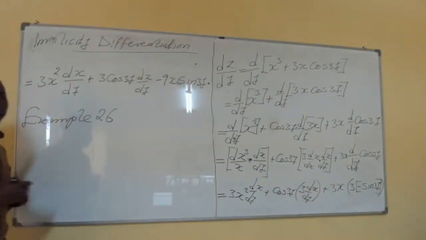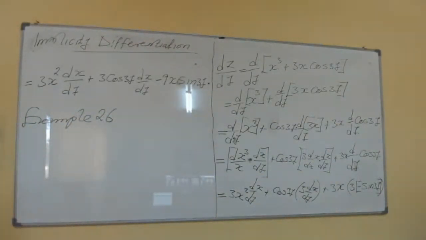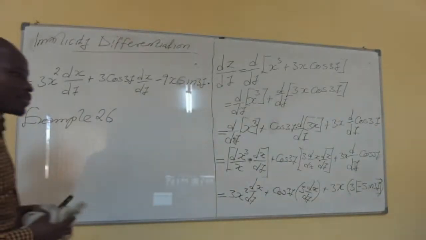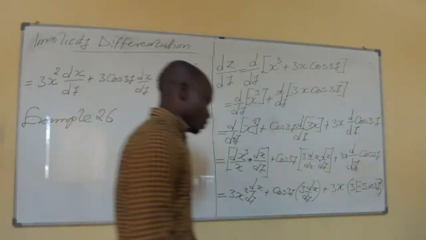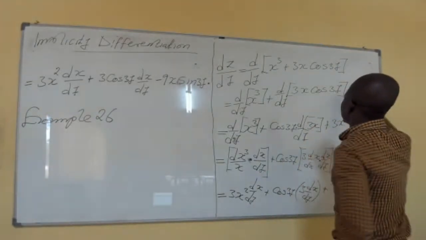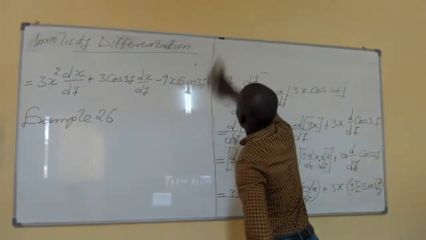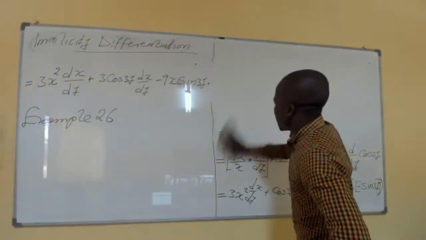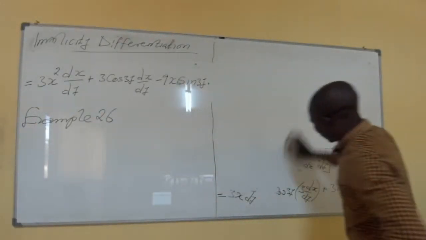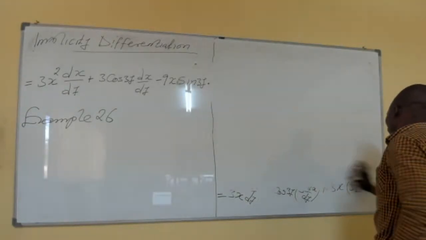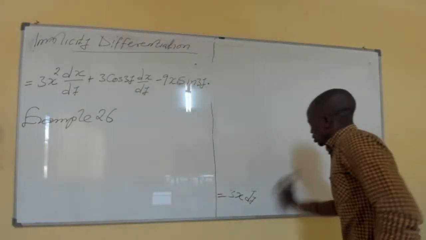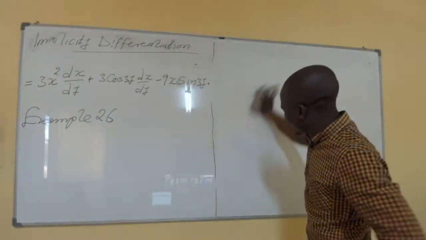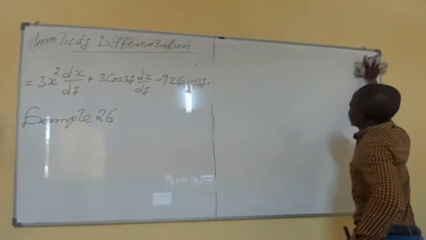I think this would be the last example under this, then we go to differentiation of trigonometric and logarithmic functions. So this will be the last example under implicit differentiation. The rest of the examples you can find in different books. Some of the books I already sent to you, so you can go through them and see what you can connect.